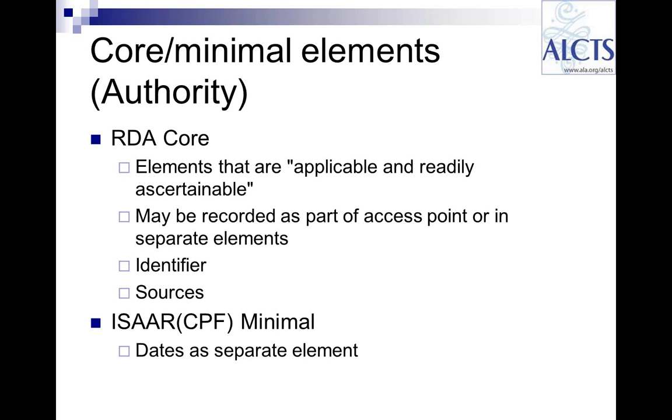DACS currently does not include a minimal required set, although ISAAR-CPF does. It truly is a minimal set, though, but one specific case where it differs with the rules in RDA is that it requires dates to be recorded as a separate element in addition to an access point.